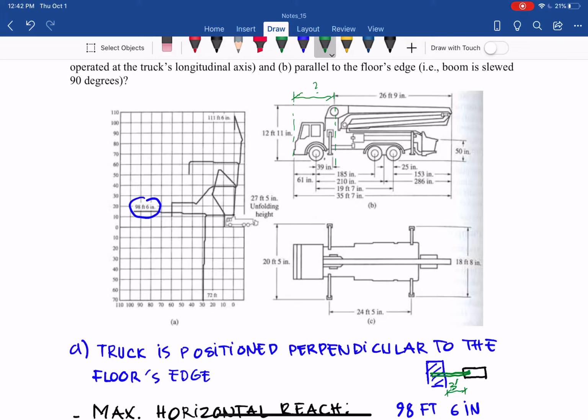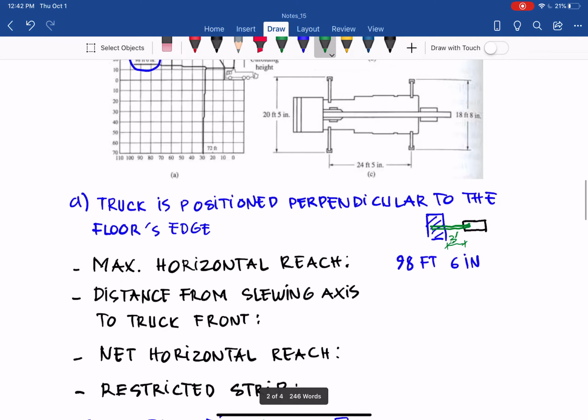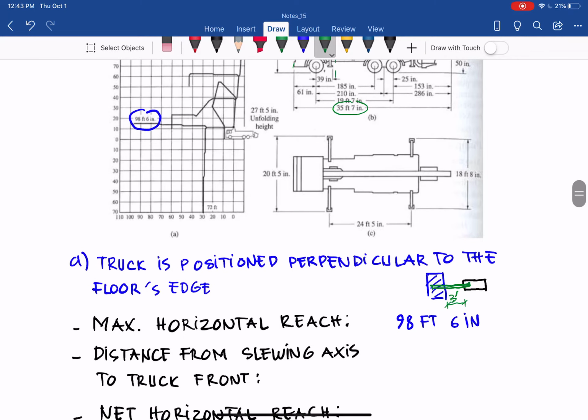That is the difference between the two numbers: 35 feet 7 inches for the total length of the truck, minus the slew to the back, 26 feet 6 inches. You have to subtract that, and that gives 8 feet 10 inches.